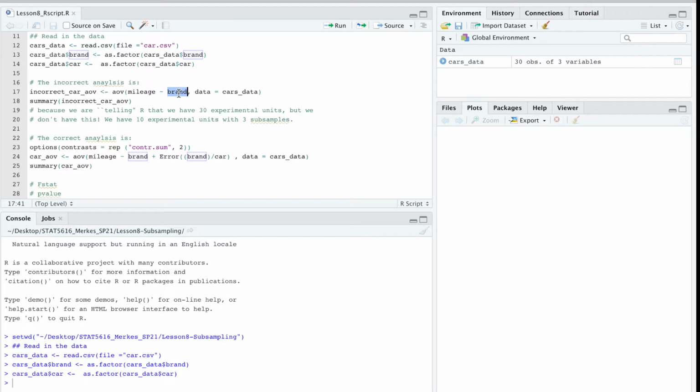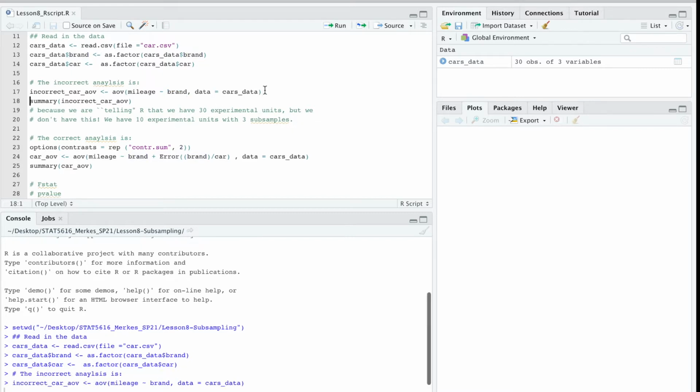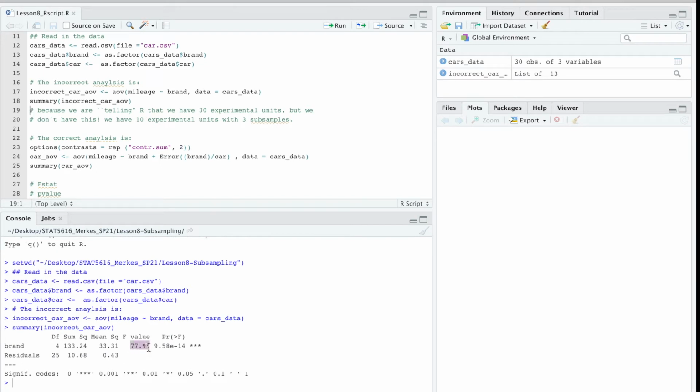What this is going to do is tell R that we have 30 experimental units rather than 10 experimental units with 3 subsamples. So we can look at this ANOVA table, and this is definitely incorrect. It's not accounting for the fact that we only have 10 experimental units with 3 subsamples. What this is telling R is that we have 30 experimental units, which isn't how we designed our study.